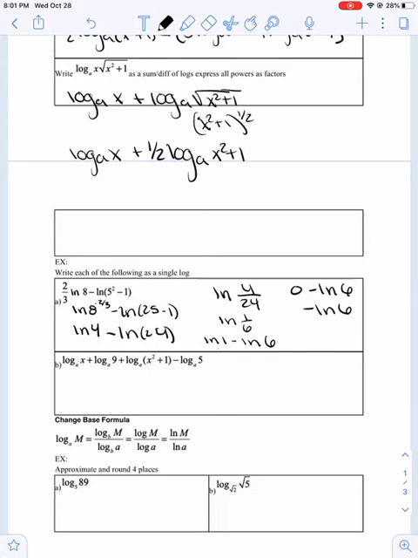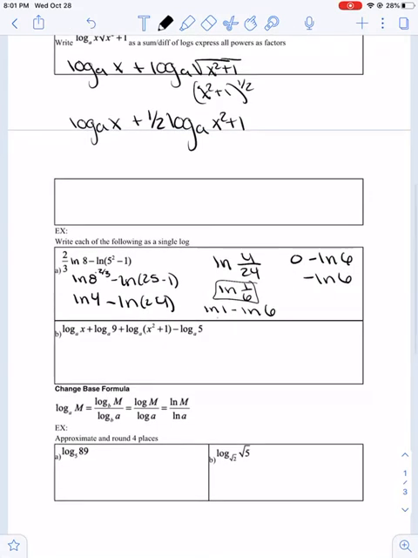And that would be its very simplest form. If you stopped here, I'd be okay with that, but you would try to get to this negative natural log of 6.